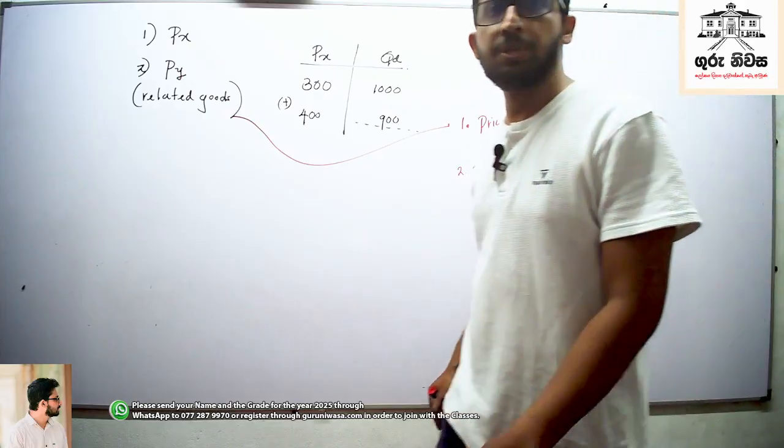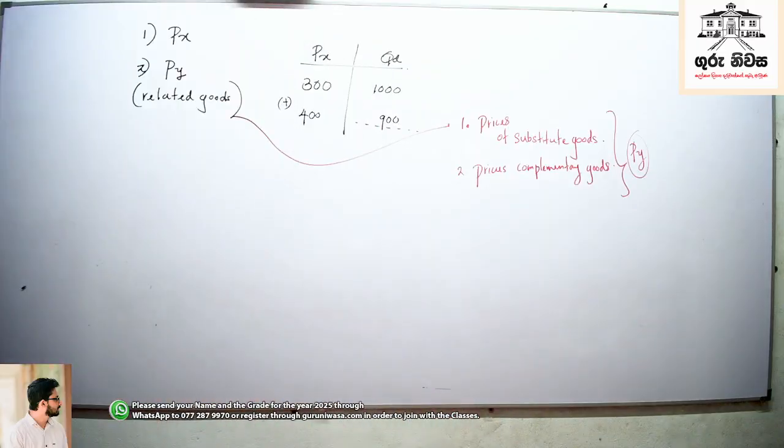What is meant by substitute goods? Let me explain with two examples. Substitute goods mean you can buy a product instead of another. Example, Coca-Cola and Pepsi. If Coca-Cola is not available in the market, you can buy Pepsi. These are substitute goods.